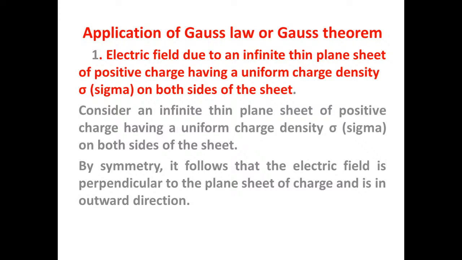This is Gauss theorem. So we are applying this law for finding the electric field due to an infinite thin plane sheet of positive charge having a uniform charge density sigma on both sides of the sheet.